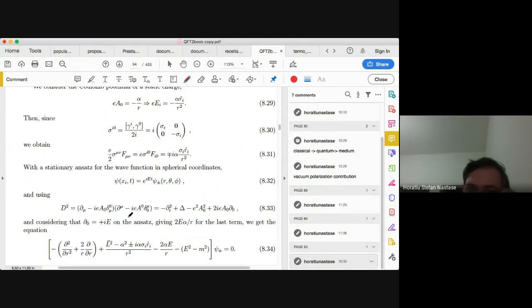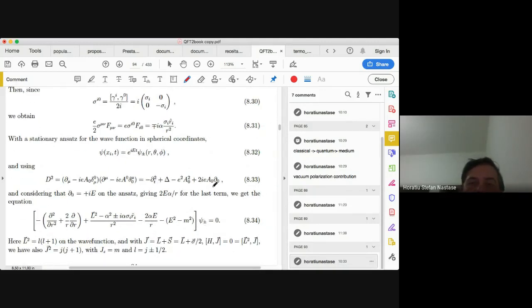And remembering that dt or d0 on this gives iE, this will give iE that multiplies with 2iE times A0, which is minus alpha over r, giving finally 2E alpha over r.